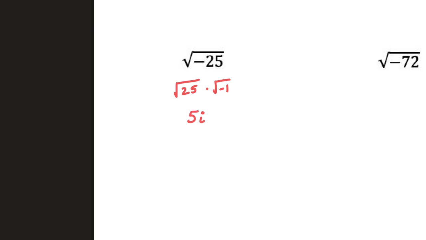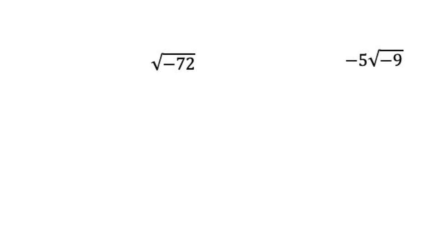But for now, we need to be able to take a radical, like the square root of -72, and simplify it using the i variable where necessary. So I'll look at the square root of -72. I'm going to simplify this into the square root of 72 times the square root of -1, just like I did in the previous problem. And now I have to look at this square root of 72.